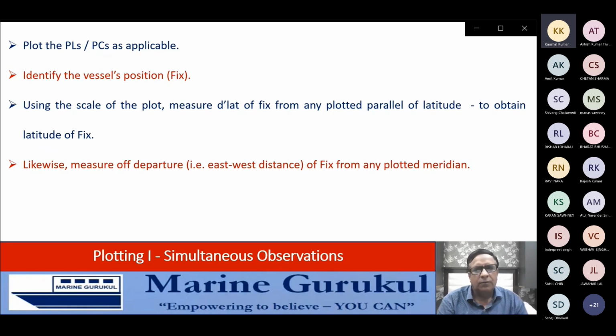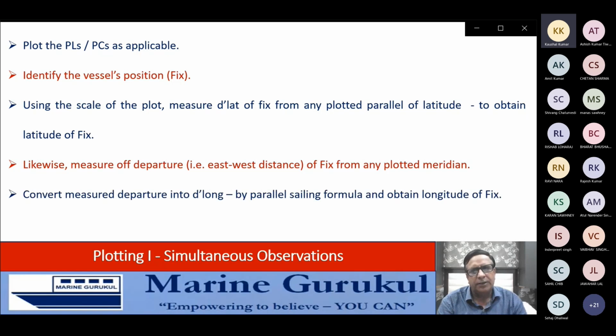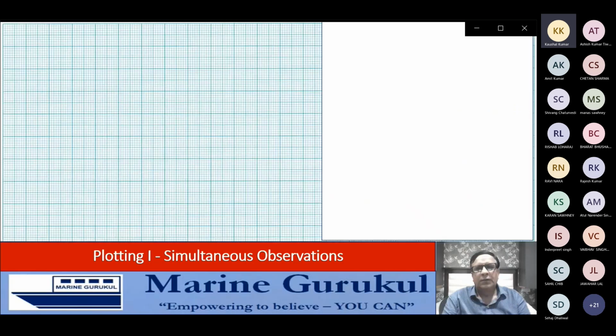And once the D long is obtained, the D long can be applied to the longitude of the meridian from where the departure was measured, and that shall give us the longitude of the fix. So this way, the fix having been identified on the plot, its coordinates can be obtained in latitude and longitude.